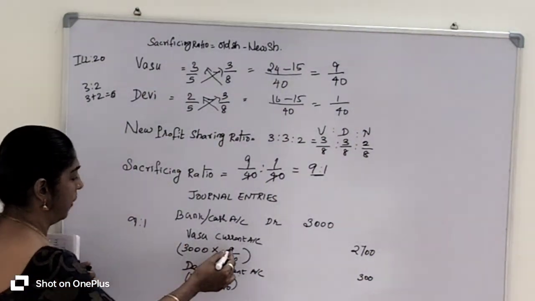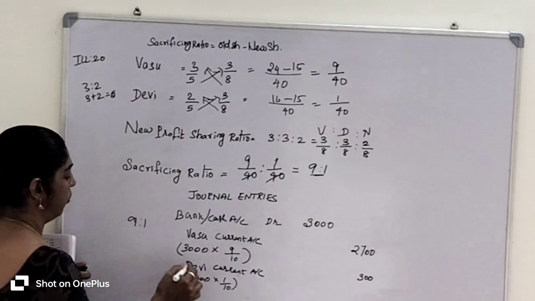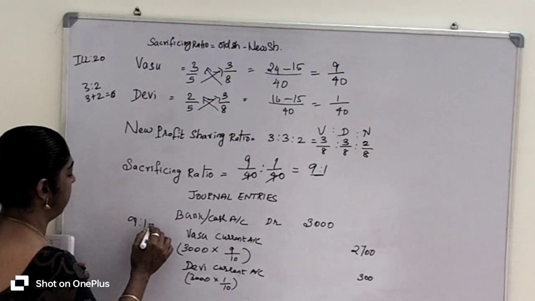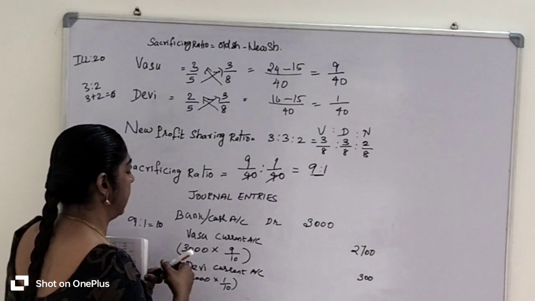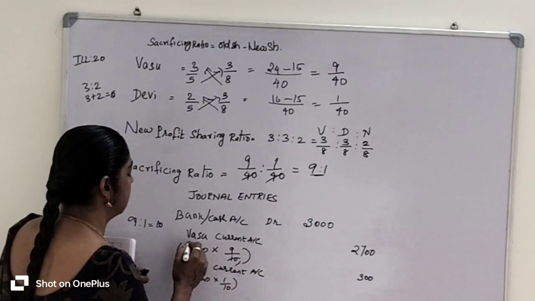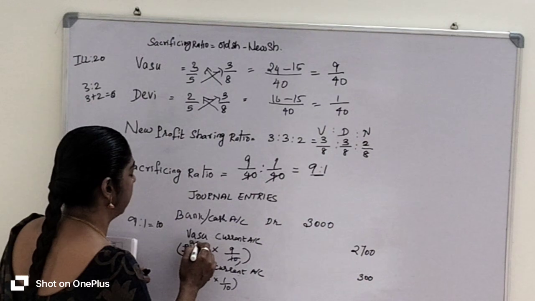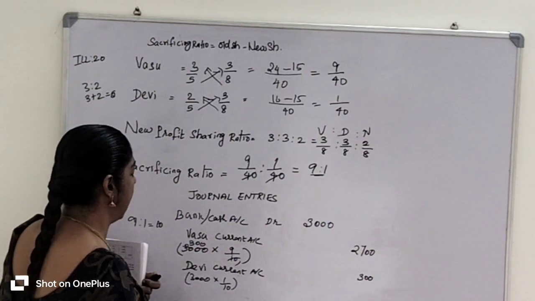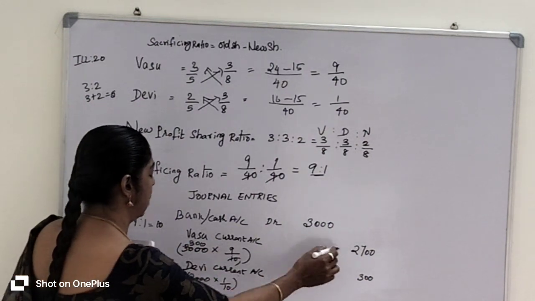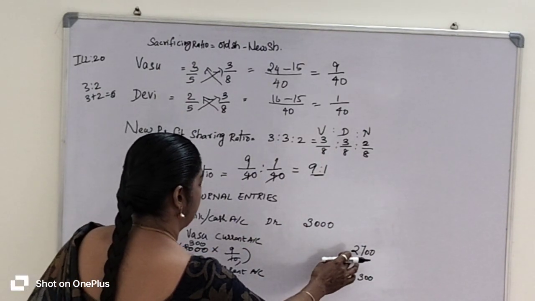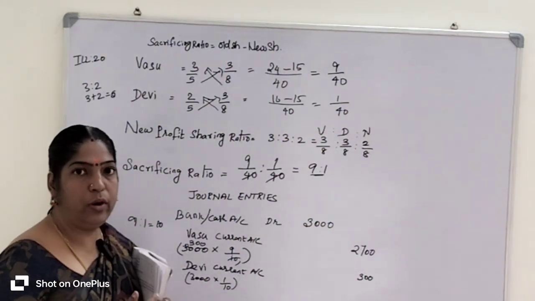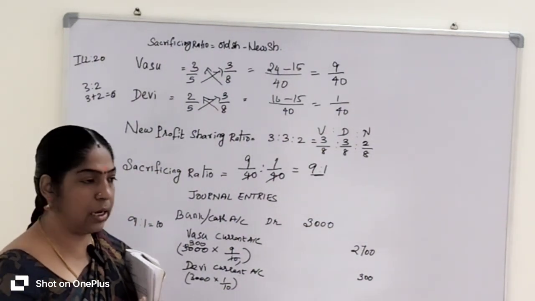So 9 for Vasu and 1 for Devi. 9 plus 1 equals 10. 3,000 into 9/10: 3 tens are 30, 3 nines are 27, so Vasu's goodwill share is 2,700 rupees.